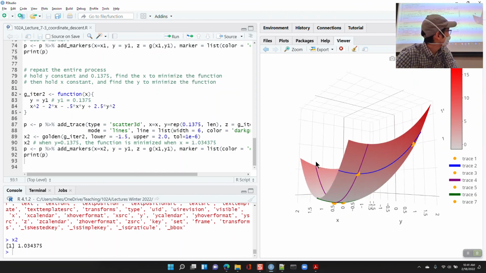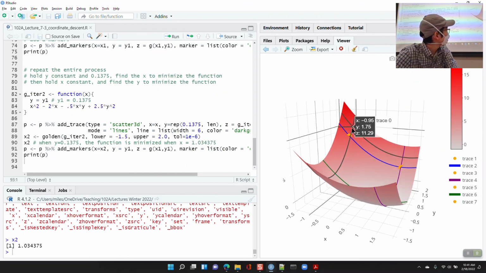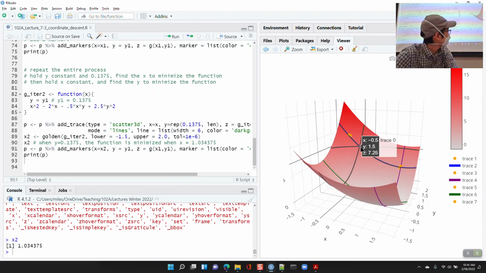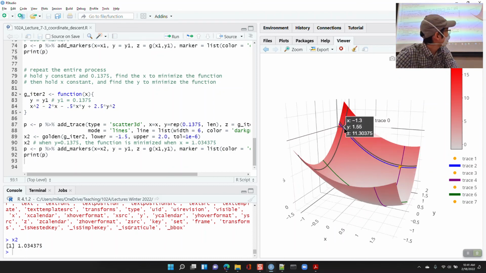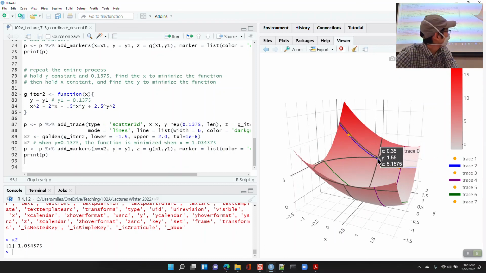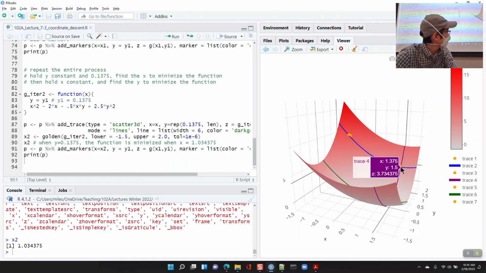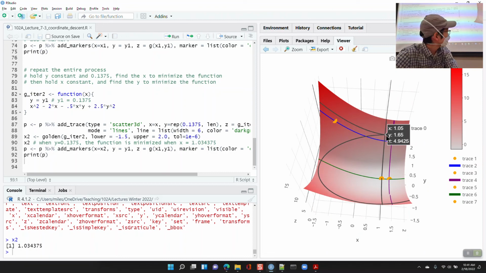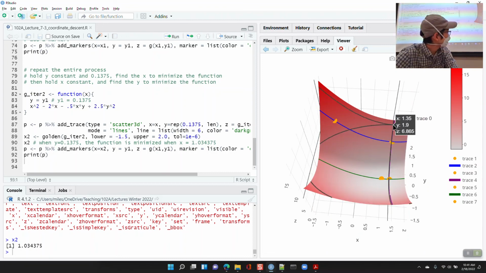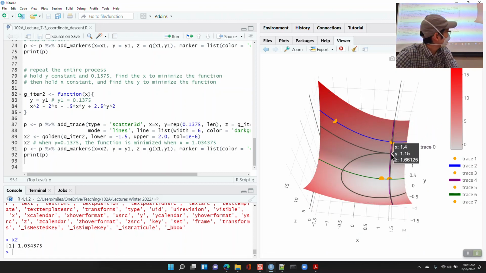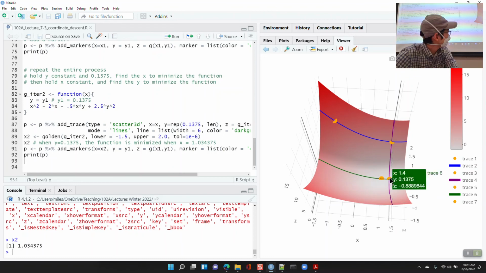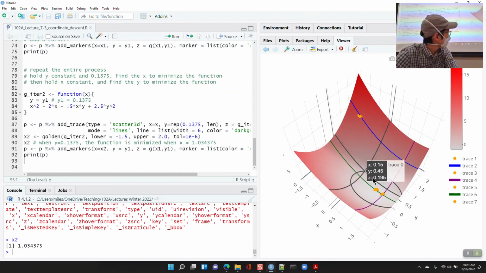So we started off here, we traced it, and we locked in the y value with this blue line, and we said the value that minimizes the blue line is right here. And once we found that, we locked that x coordinate in, and we minimized along this, in kind of the next direction, we said, what is the value that's going to minimize this?